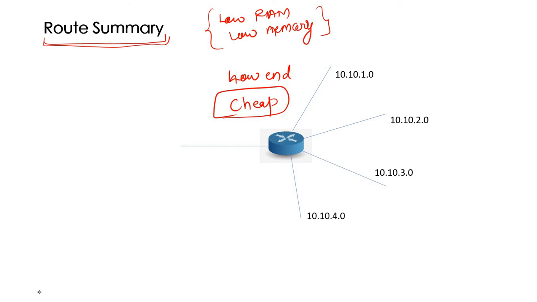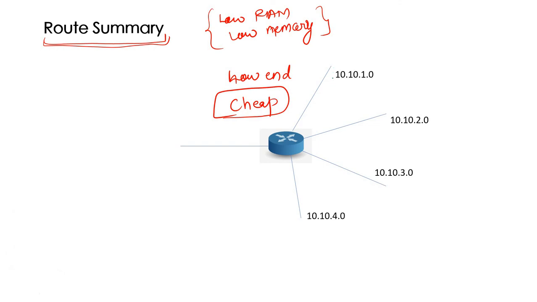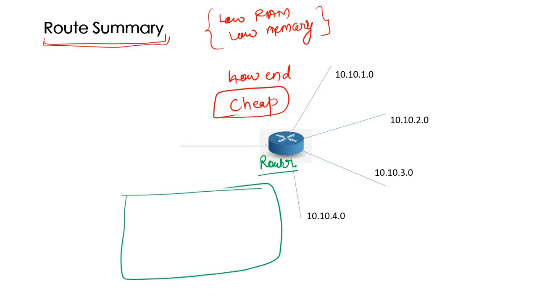Let's try to understand with this example. Let us suppose there are 4 networks connected via this router. If we talk about the routing table of this router, all these are connected towards this interface, say 1/2.